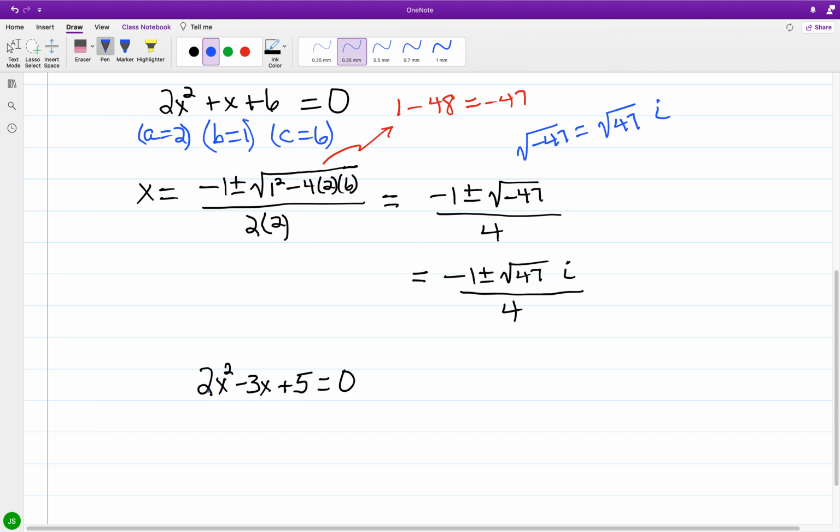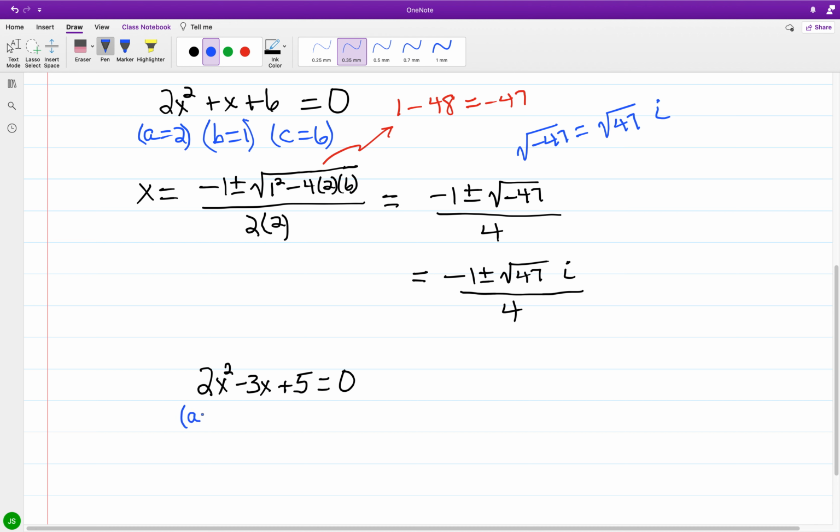Now, 2 times 5 is 10, and there are no integer factors that will amount to negative 3 in terms of adding and subtracting. You have like negative 2, negative 5, positive 2, positive 5, 1, 10, or negative 1, negative 10, and none of those combinations will add up to negative 3.